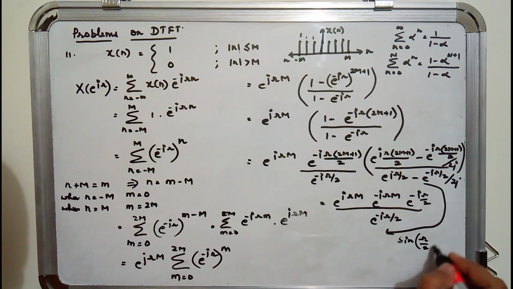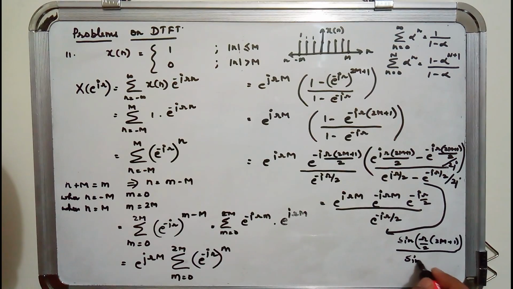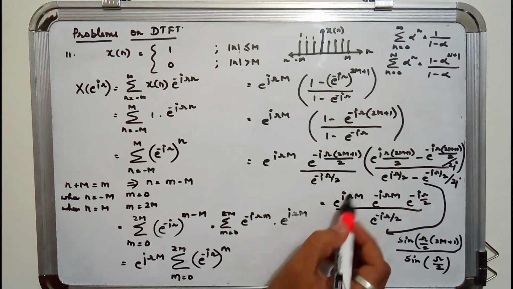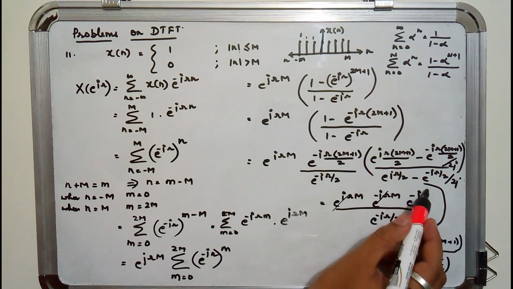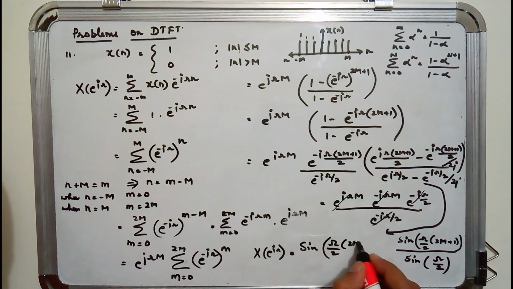Omega by 2 into 2M plus 1, divided by this, also you get sine omega by 2. Whereas here e power j omega M into e power minus j omega M is e power 0, so this term and this term get cancelled. So finally what I will be getting is X of e power j omega is only this factor, that is sine omega by 2 into (2M plus 1) divided by sine omega by 2.